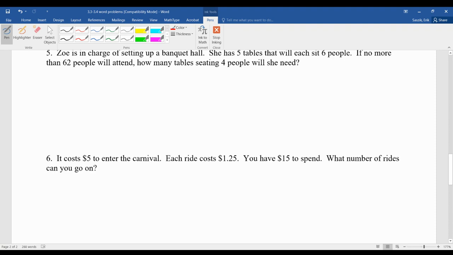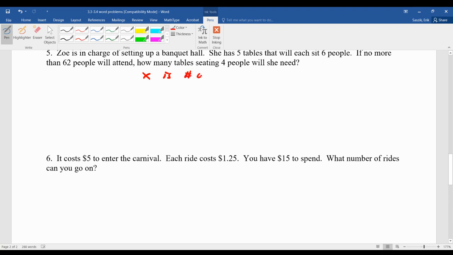All right. This one's a little bit confusing. Zoe has 5 tables that will seat 6 people each. But she also has tables that will seat 4 people. That's what she doesn't know.